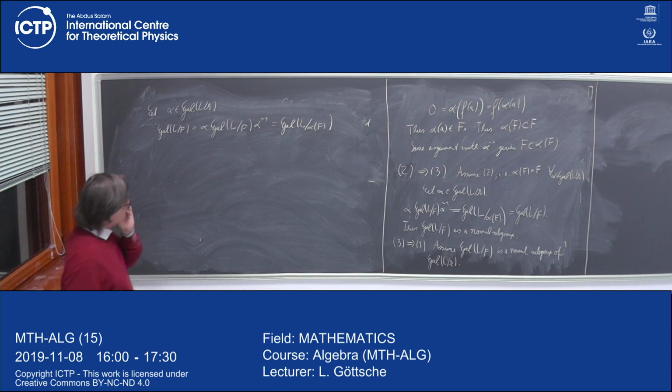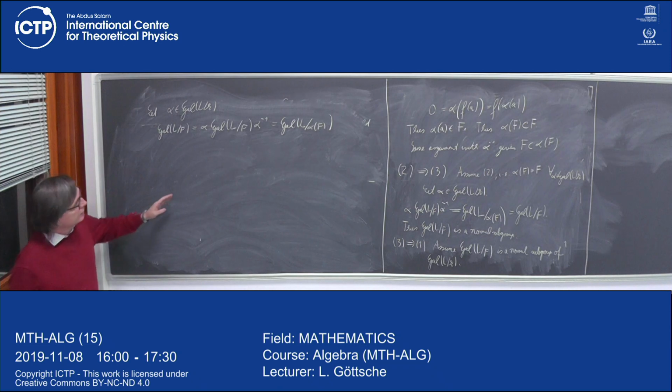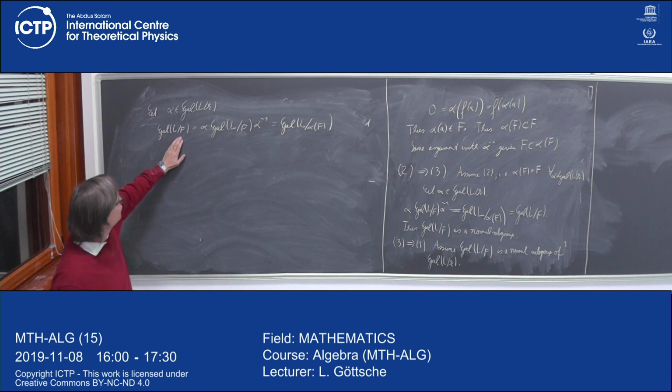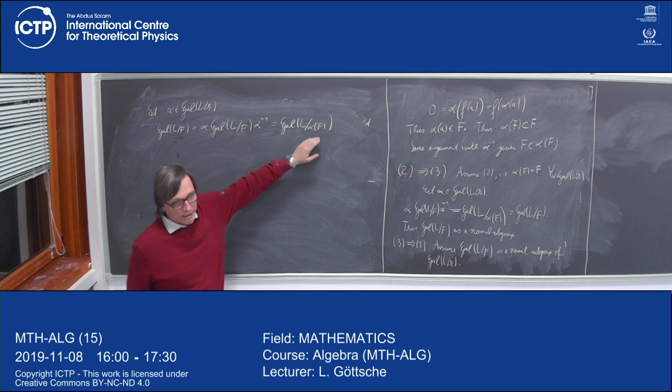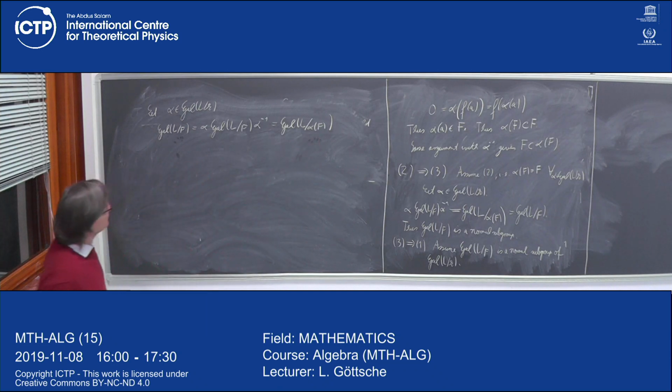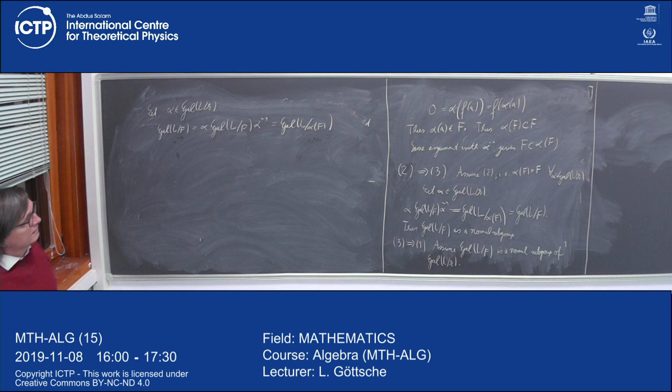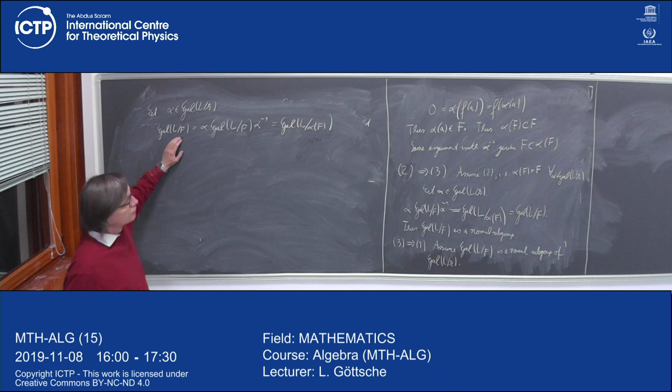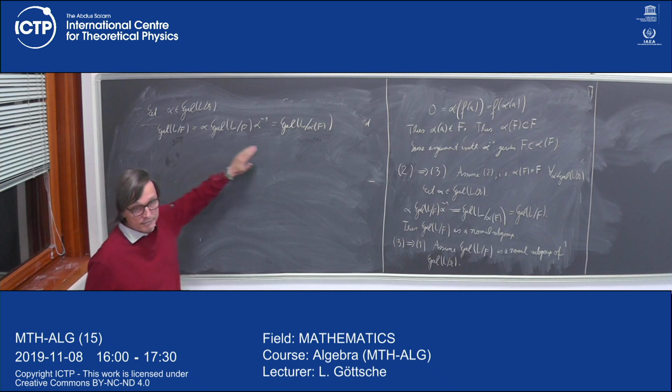Now at this point, we want to deduce, to go back to 2, that F is equal to alpha of F. And we can deduce this because we have the fundamental theorem of Galois theory, which tells us that there is a bijection between the subgroups of the Galois group and the intermediate fields. So if the subgroups are equal, as they are here, then the intermediate fields are equal.